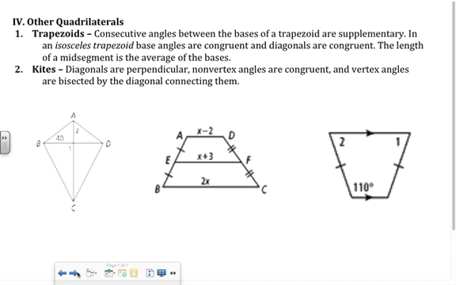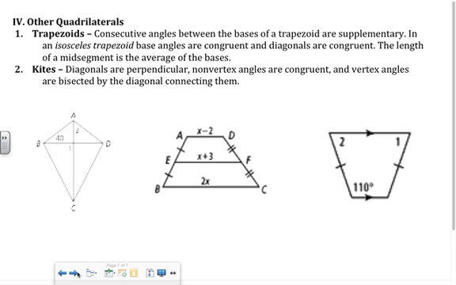A couple of other kinds of quadrilaterals: kites and trapezoids. A couple of things about a trapezoid. Looking at the figure all the way on the right here, because this trapezoid is an isosceles trapezoid, I know that its base angles will be congruent. Please understand that a trapezoid has two pairs of base angles. These are base angles, angles 1 and 2, and then 110 and the angle next to it are also base angles.